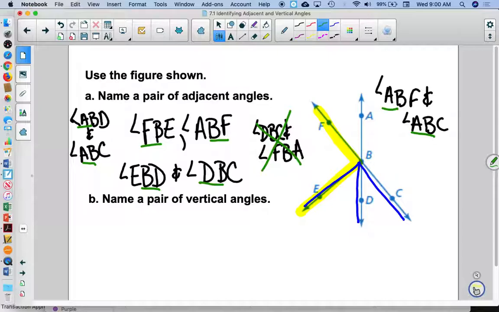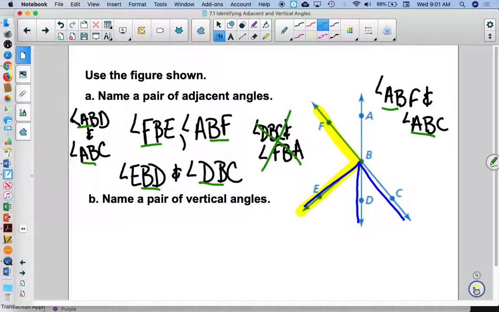They have to be what, Aaron? Facing each other, or we call it, you can look at the definition. It's okay, you got it. They're going to be equal. Look at the word, vertical angles, which they are opposite. So they have to be opposite each other and share the vertex.